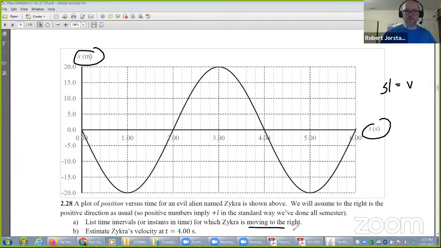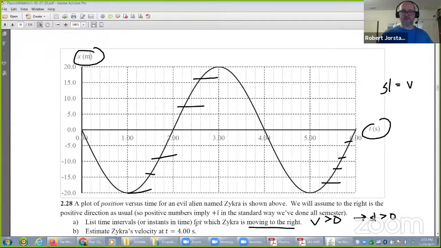So then moving to the right, that says velocity is positive. So I'm looking for all times slope is positive. So that's right here, right here, right here, right here, and maybe right over here as well. So that's how you get these time intervals.